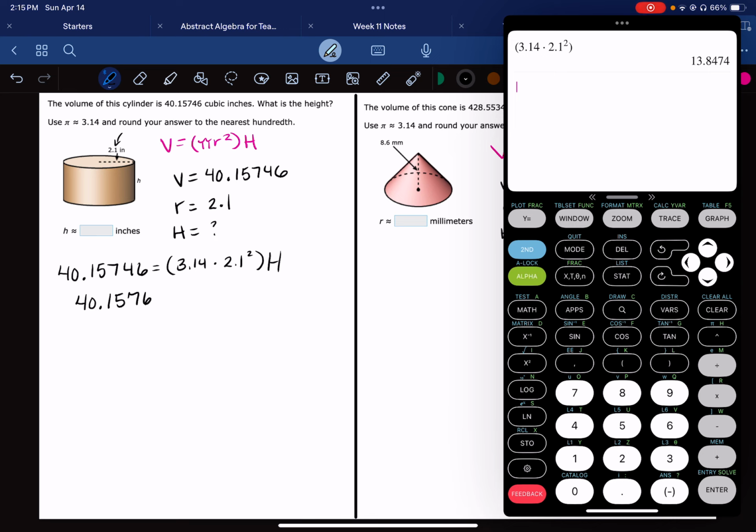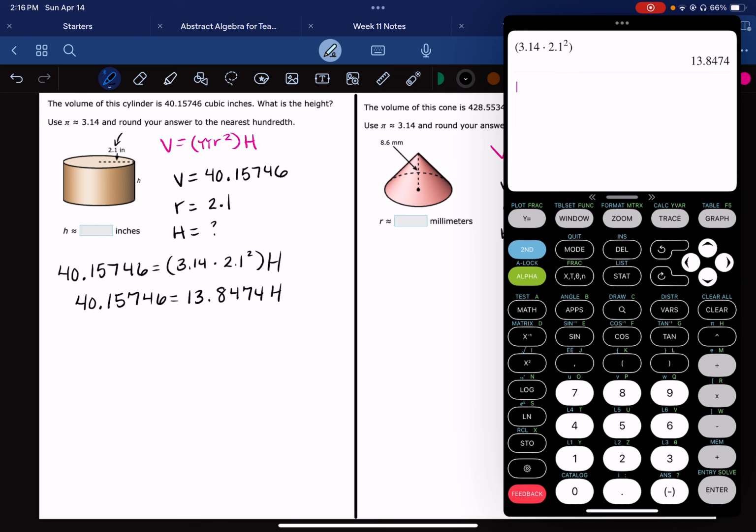Everything I'm doing right here is just working to simplify the problem. I want to continuously make it easier to read until I get to a point where I can solve for my variable. 13.8474 times h. Now what this is, with complicated decimals, is a one-step equation where all we have on the right side of the equation is something times h.